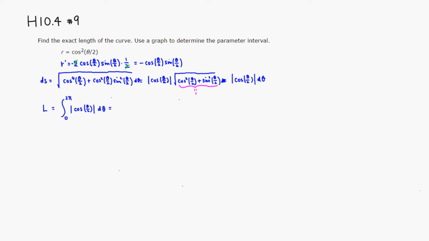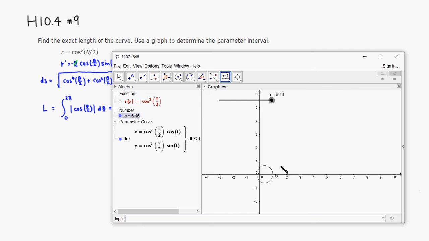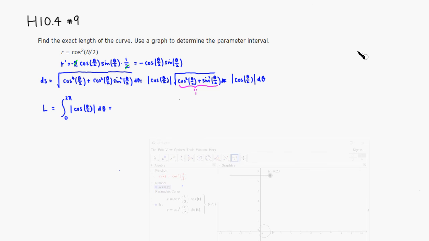Then if you use the symmetry, you can see that here, this is halfway, and this is the other half. So we can just go halfway. The other half is symmetric, so we can just multiply by 2. So I'm going to multiply by 2.